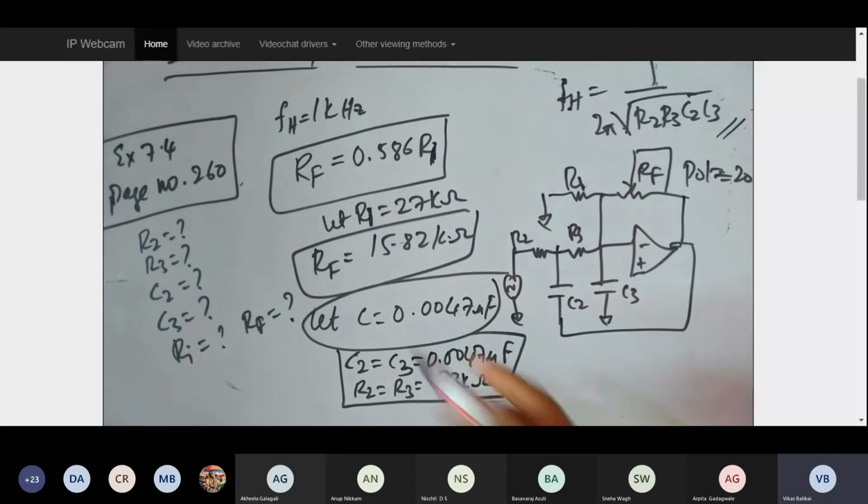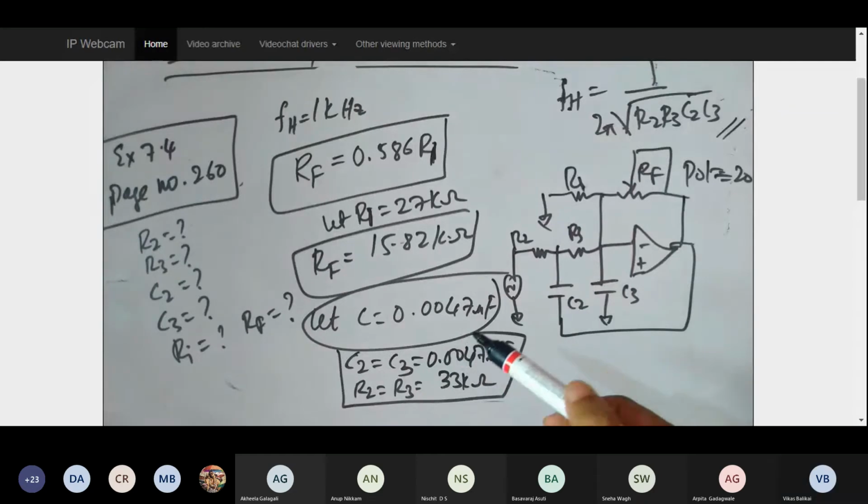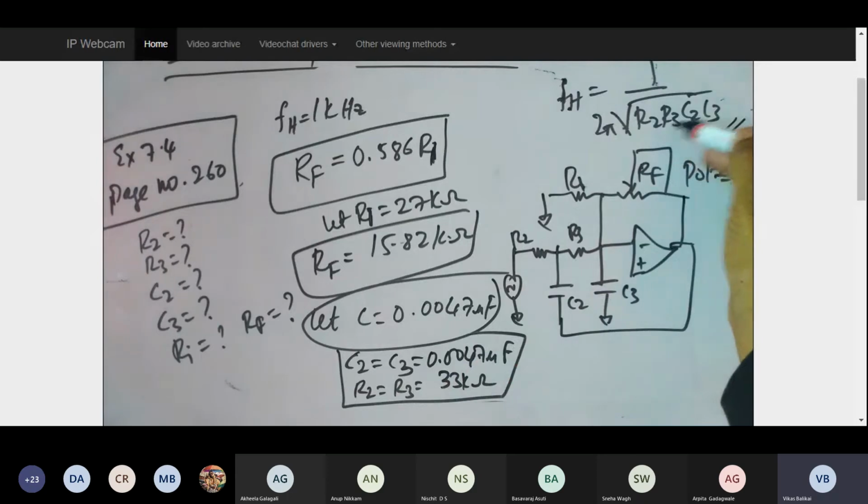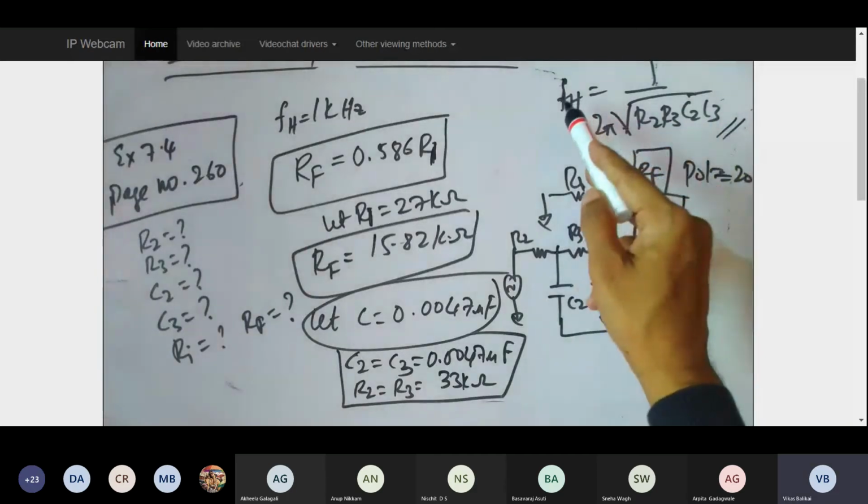So the Rf value is obtained, he has assumed the values of C2 and C3, and he has assumed the values of R2 and R3. So now you know everything. You just substitute the values here, and finally you are going to get fH. And has he given the fH value? Yes, he has given the fH value as 1 kilohertz.